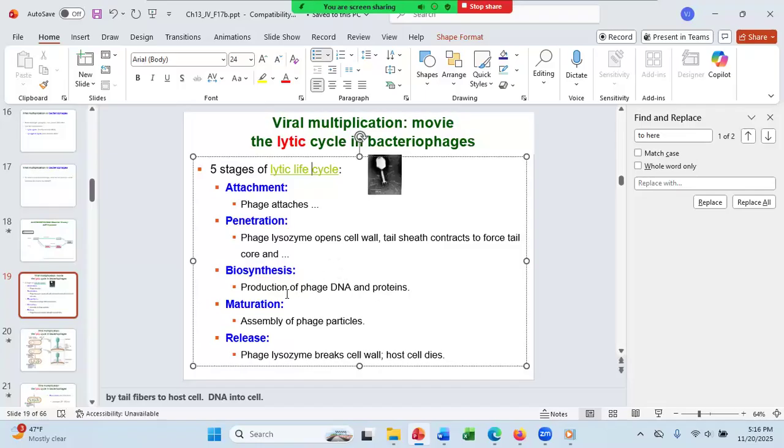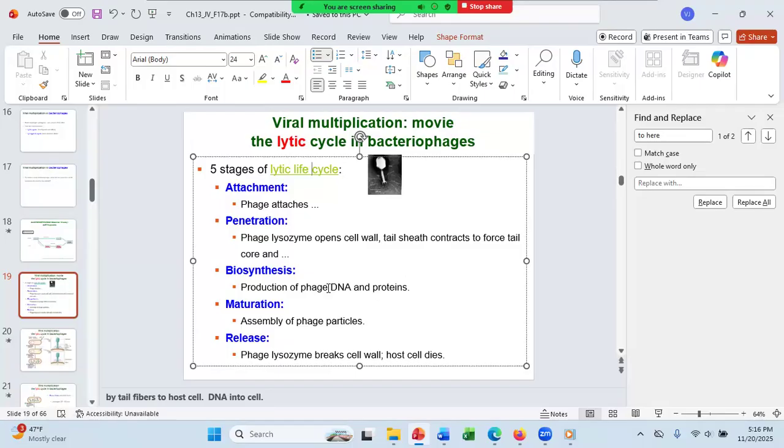And this is talking about a DNA virus. If it's an RNA virus, obviously you will be replicating your genome, which would be RNA. Any questions about biosynthesis?